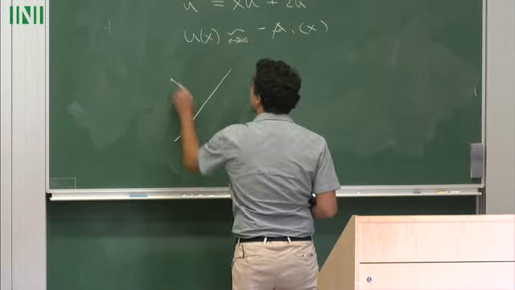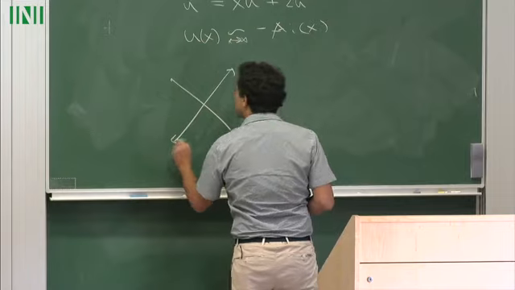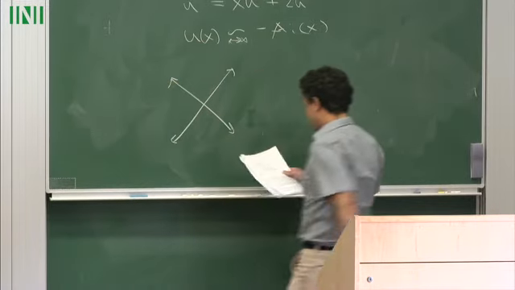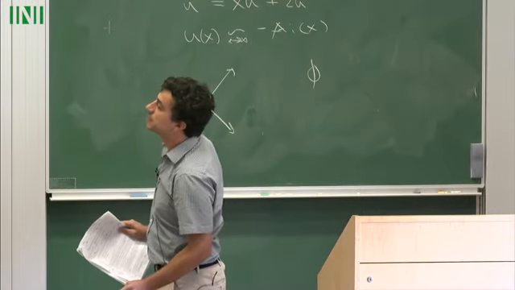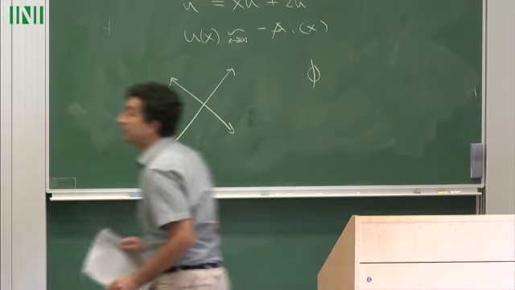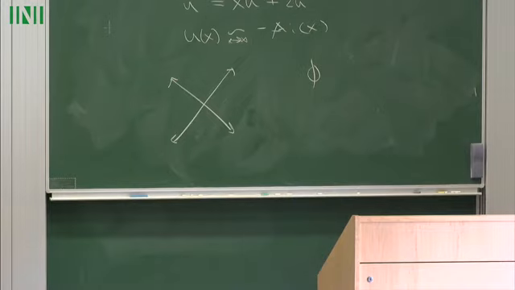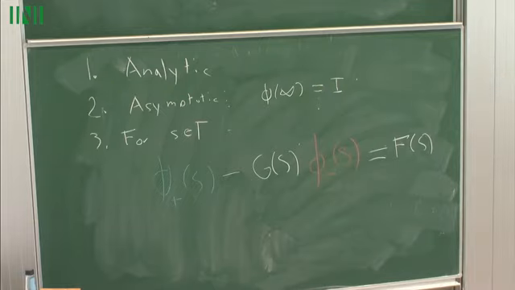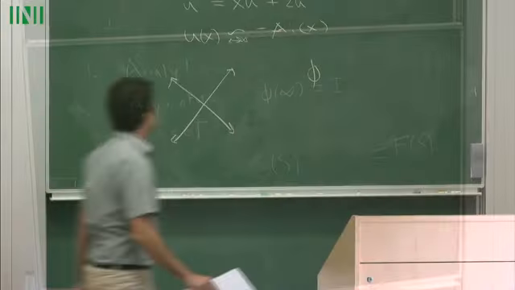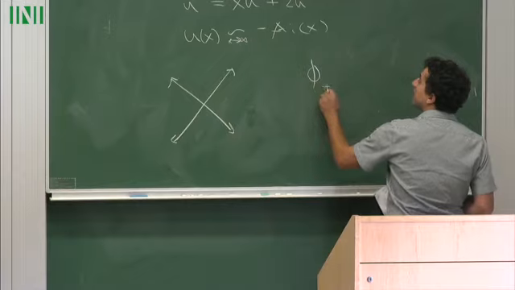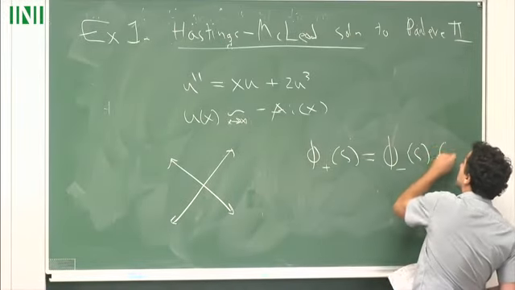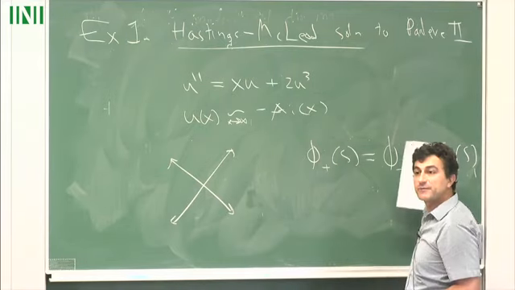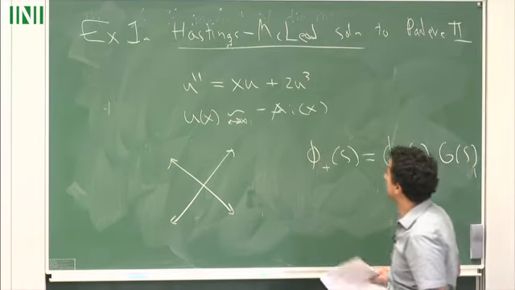Our contour gamma consists of 4 rays. I forgot to mention this is what we call a left Riemann-Hilbert problem because the G is acting on the left. You can also have it acting on the right. So on this contour gamma, there's no F. We just have a G. We're given G. We want to recover phi.